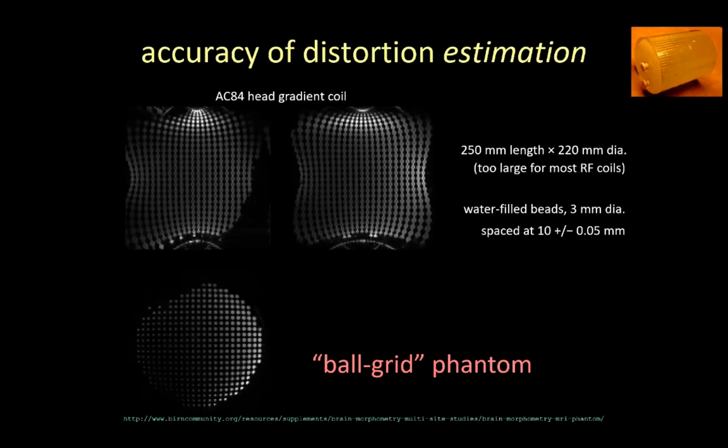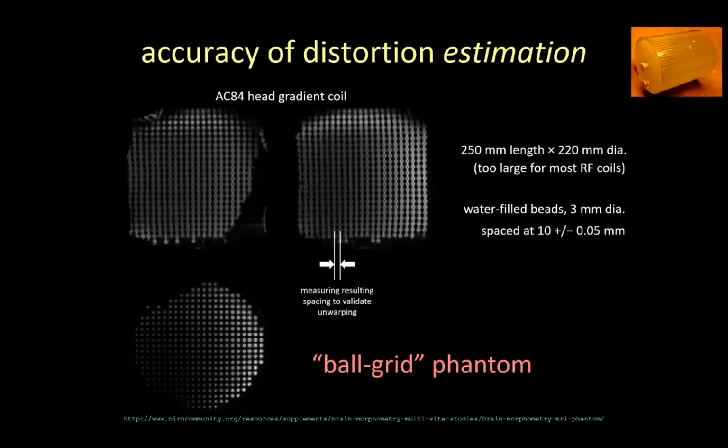But do we trust them? One way we can validate these gradient nonlinearities is to use a phantom with known geometry, such as my favorite ball grid phantom that Anders built. If we apply the distortion correction to the ball grid, we know the spacing of the different fluid-filled spheres, so we can evaluate the accuracy of this gradient nonlinearity distortion.